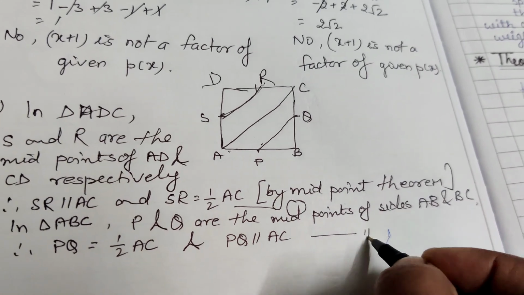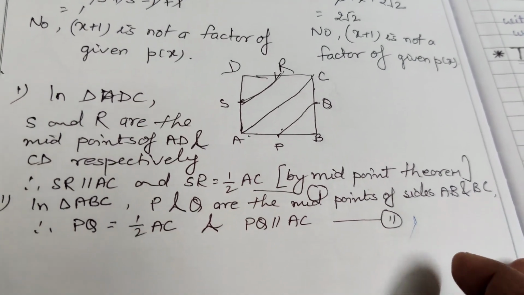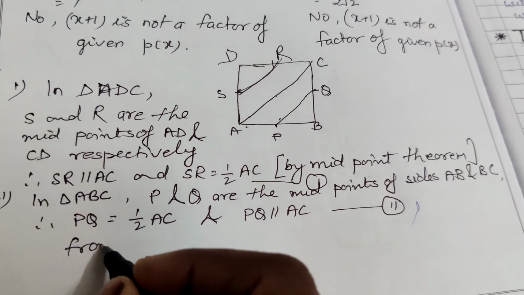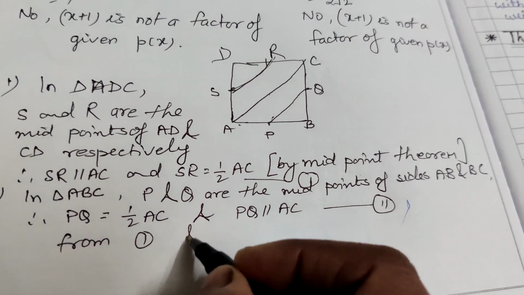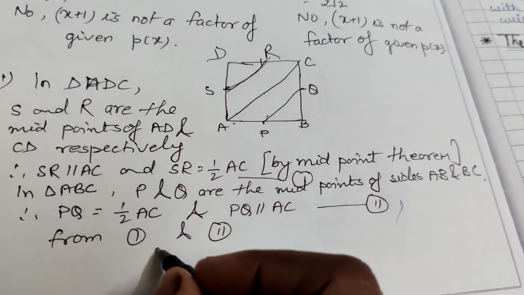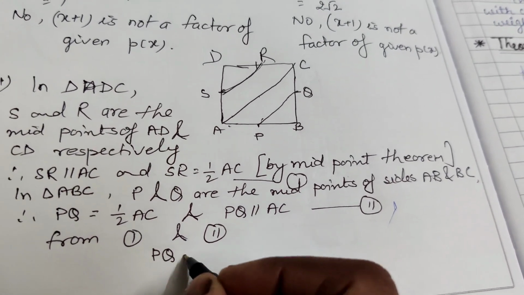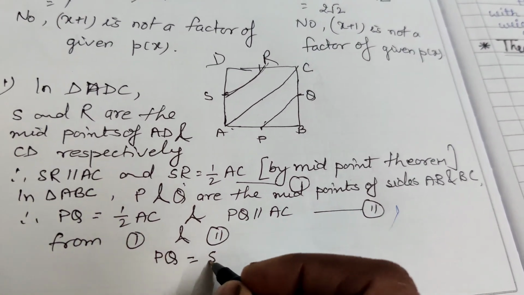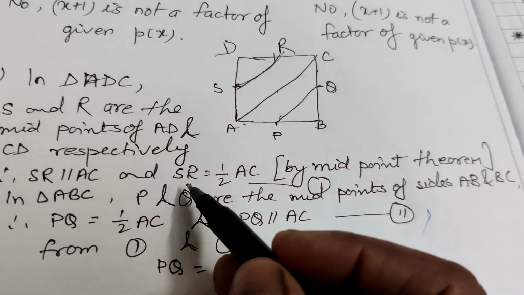This is equation number 2 by midpoint theorem. Okay, from 1 and 2, we can say PQ equal to half of AC and RS equal to half of AC. Therefore PQ equal to RS.